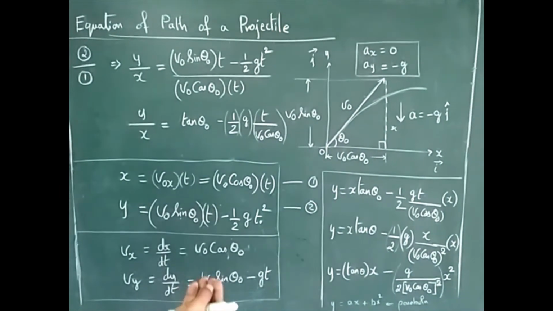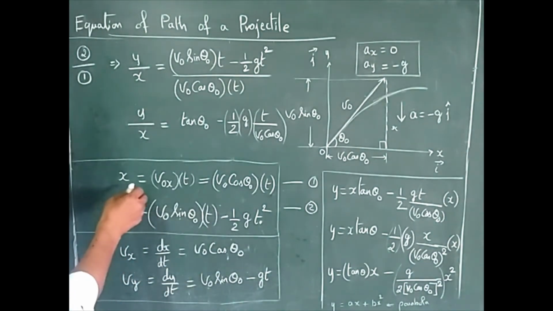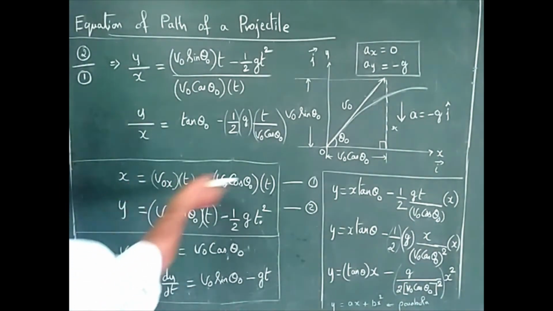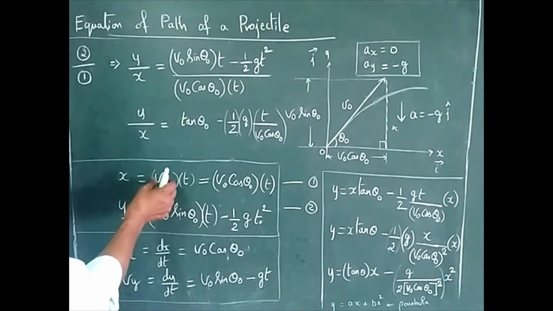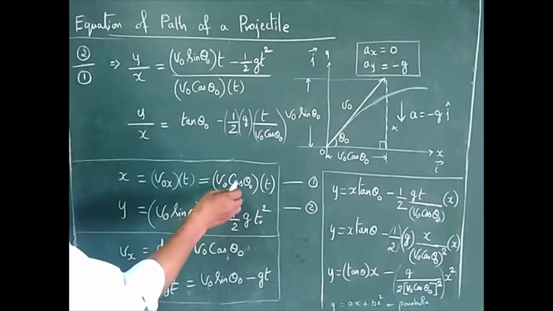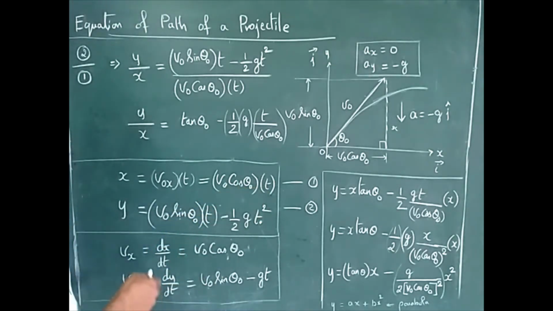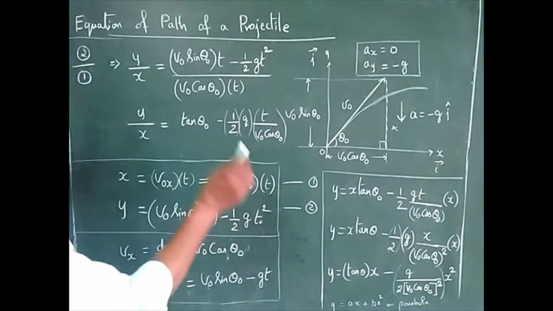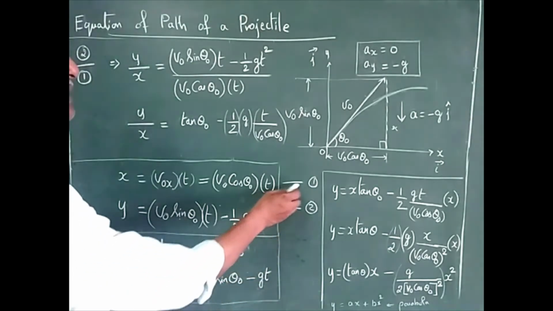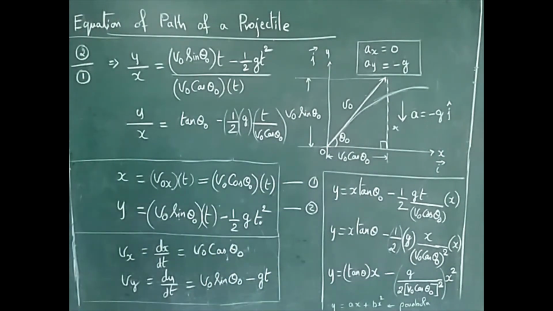Already we derived x, the horizontal component, x is equal to v0x into t, velocity multiplied by time, which is v naught cos theta naught into t. Similarly, we got the result for y is equal to v naught sin theta naught into t minus half g t square. Now I am calling this equation 1 and this equation 2.